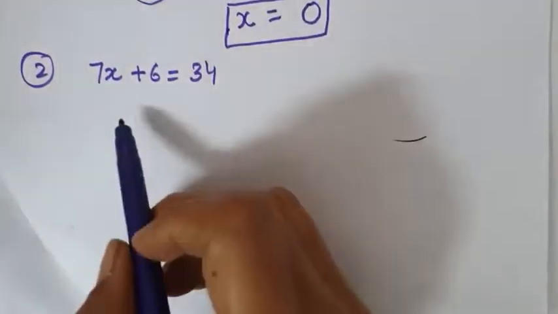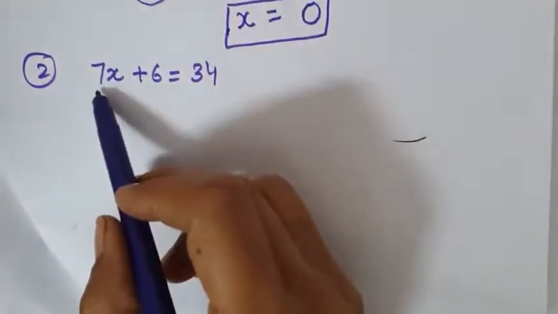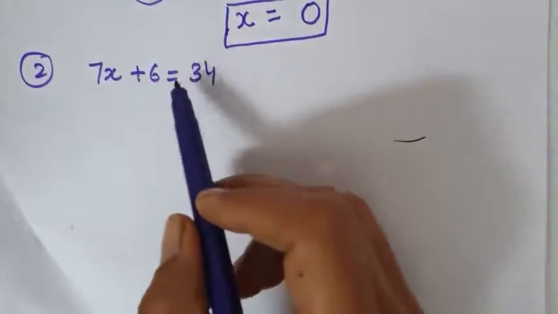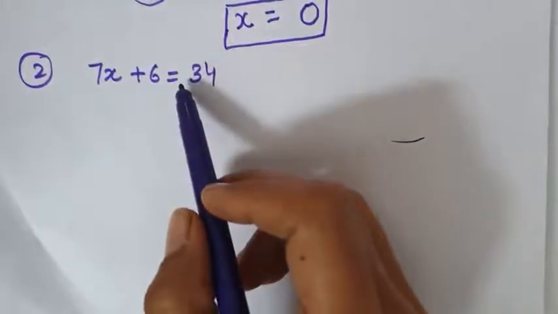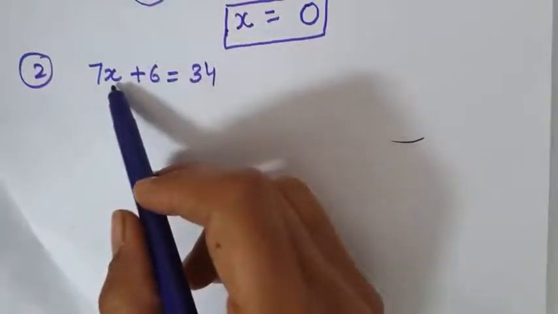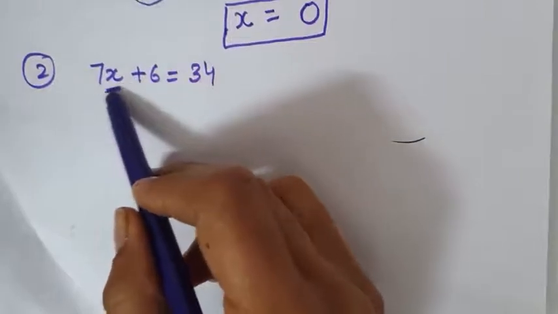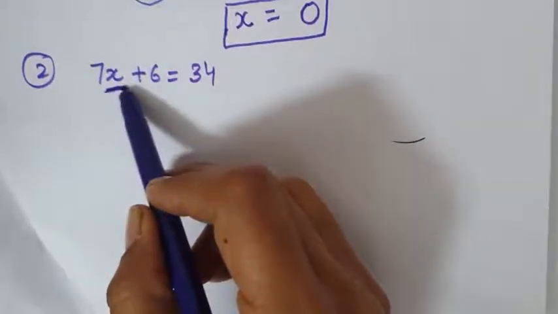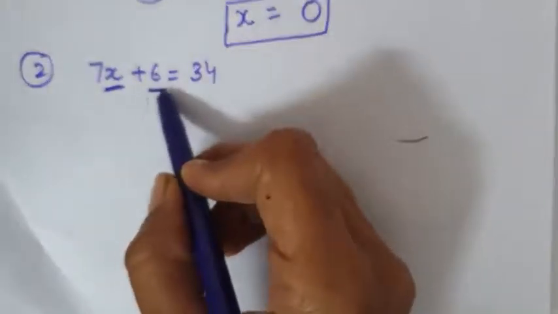Now the next question is 7x plus 6 is equal to 34. Now we have to find the value of x. So the first step is shift this 6.